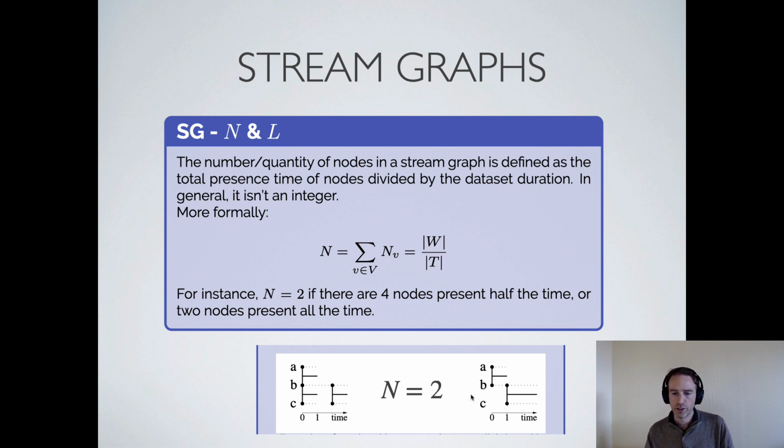And you divide this total duration of 6 by the duration of the network, which here is 3, and you get 2. So the quantity of nodes in this graph is 2. You can do the same computation on the left, and in this case you have 1, 3, 1, 1, and again we have 6 that we divide by 3, the total duration of the graph, and we get a value of 2.